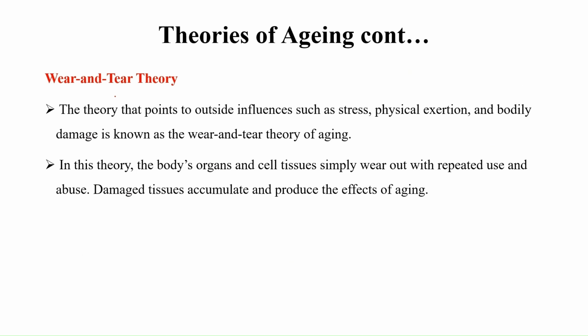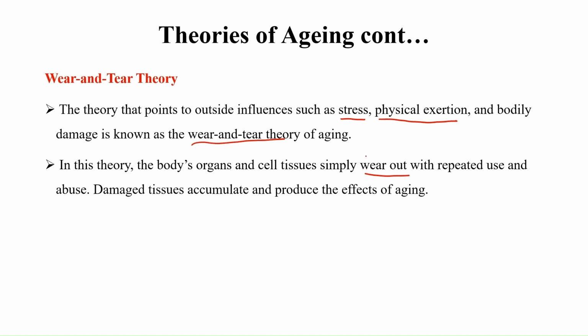Let's move on to the next theory, which is called wear and tear theory. As the name suggests, the theory points to outside influences. There are many reasons why someone is aging based on this theory. One among them is stress, physical exertion, and bodily damage, known as wear and tear theory. They say that the body organs and cell tissue simply wear out.